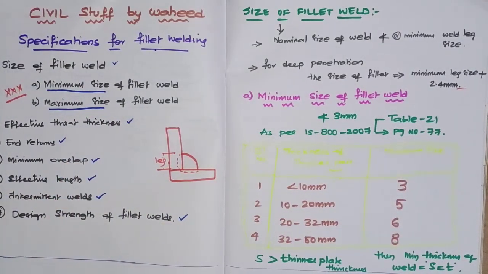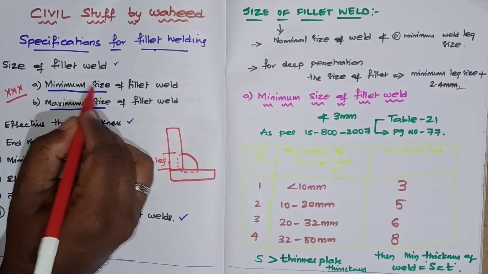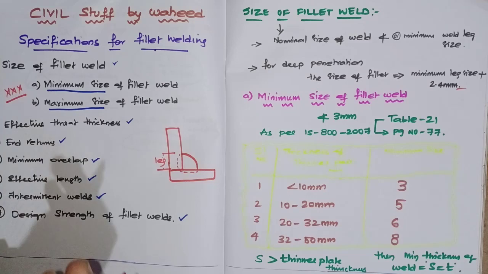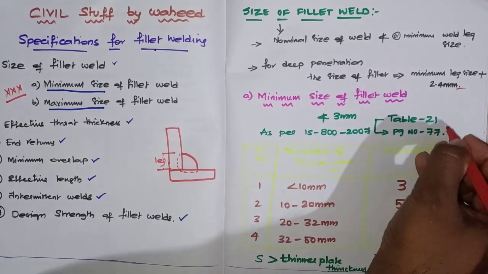Now we'll see the minimum size of the fillet weld as per IS 800 2007, Table number 21, page number 77.